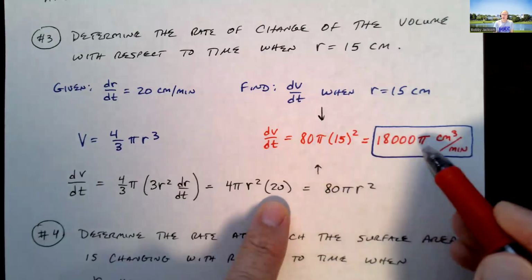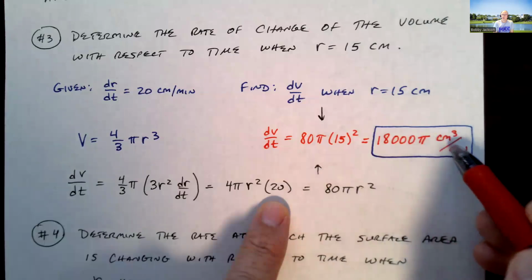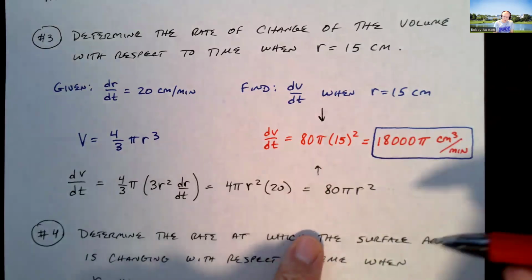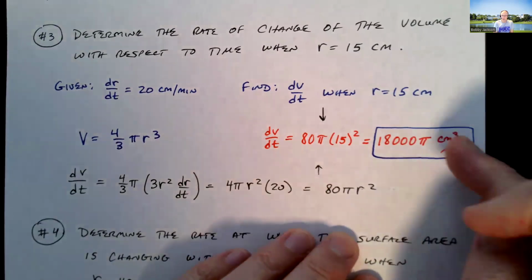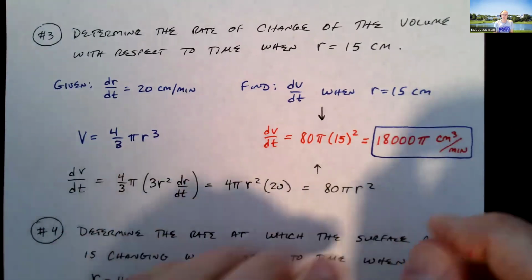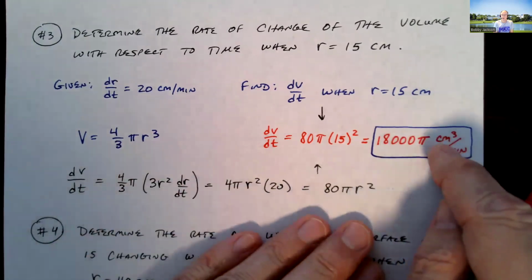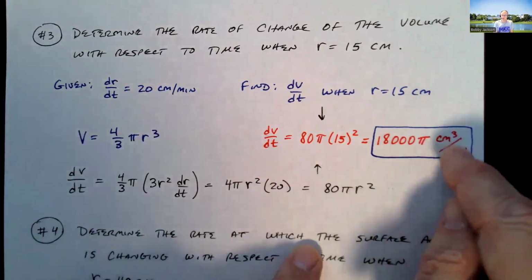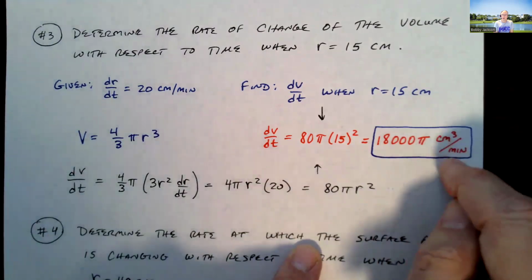All right, don't forget your pi. And this is going to be cubic centimeters per minute. They give you the units in the problem in Achieve. I'm not going to. You're going to have to give me those units. So you should know we're talking about volume, so that's cubic units. Our units are centimeters, so we've got cubic centimeters, and the time units are, of course, minutes.